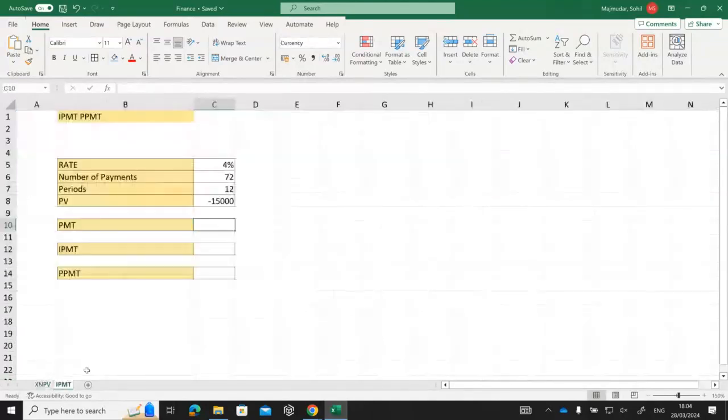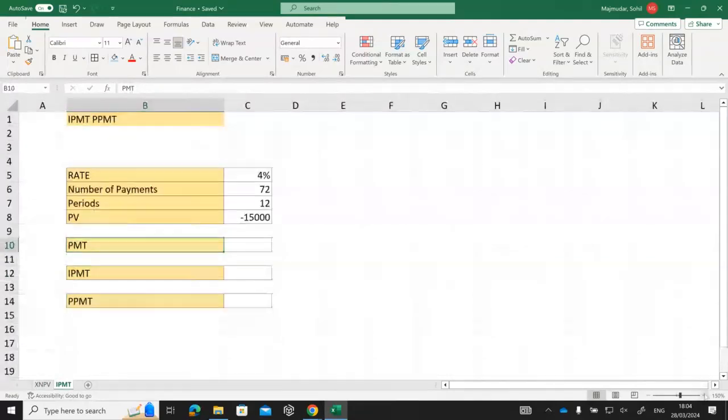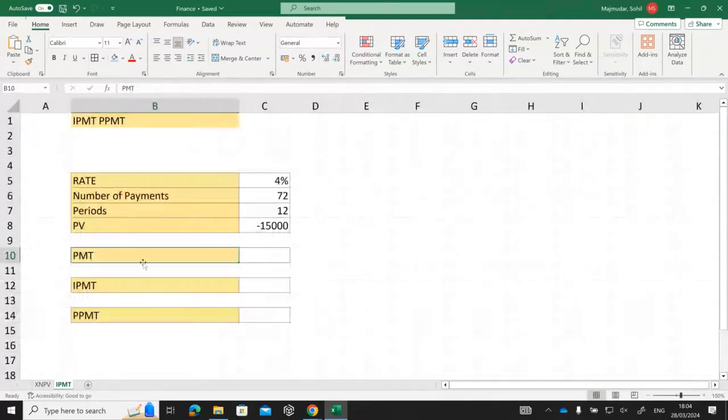Right, the next formulas will be two new formulas called IPMT and PPMT. We have already done PMT last semester, but we'll redo it. So the question is, you want a loan from a bank.